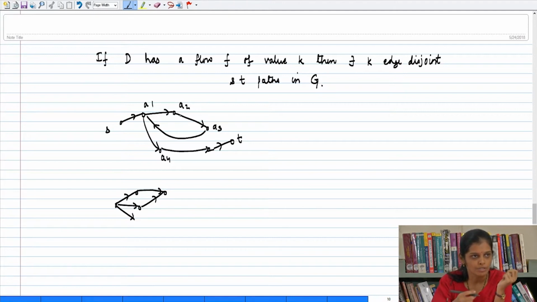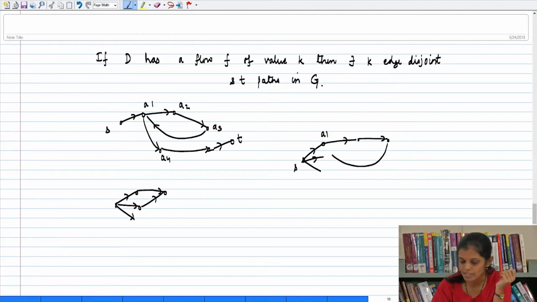Clearly there must be k edges out of S. You take any edge going out of S. If you reach a vertex A1, there must be an outgoing edge from A1 again carrying unit flow, and so on. And the only reason you can get stuck is possibly you go back to a vertex that you had visited. So we want to show that although this happens, we do not have too much trouble.